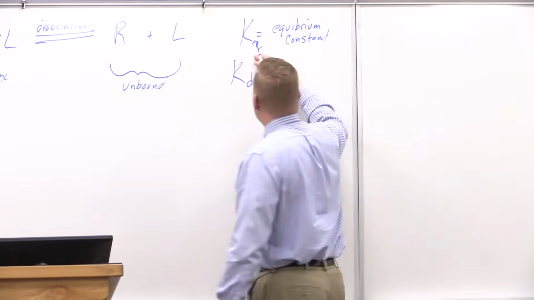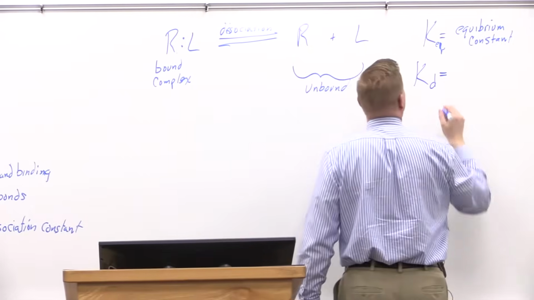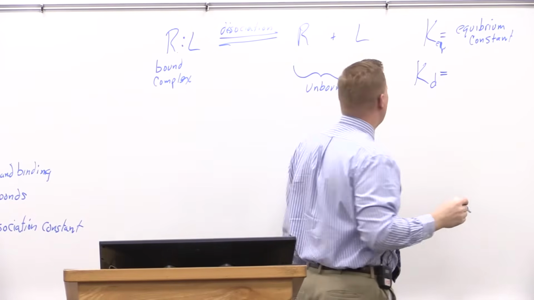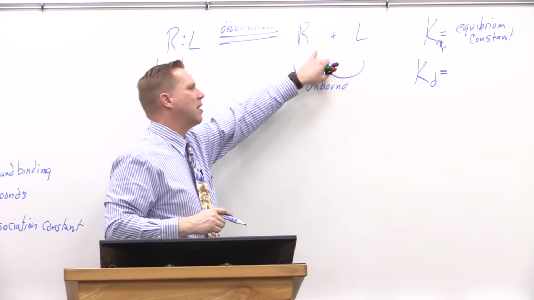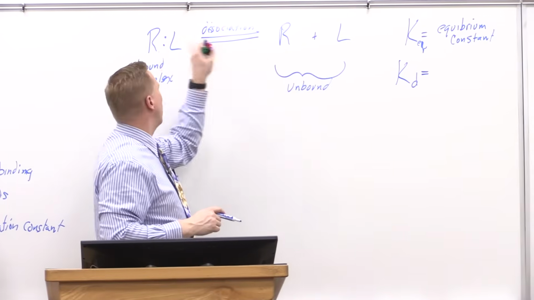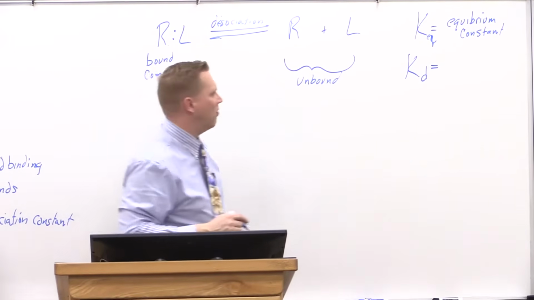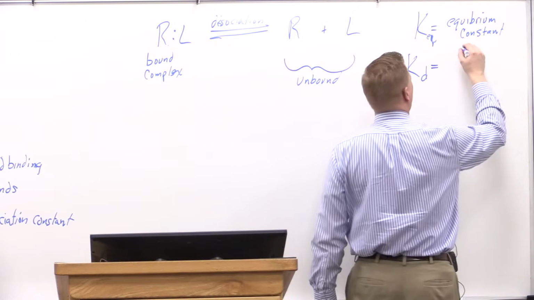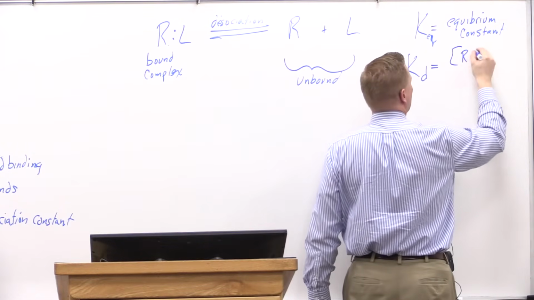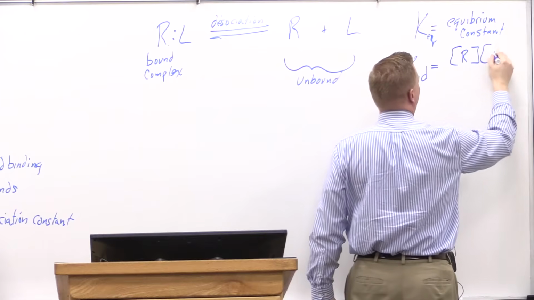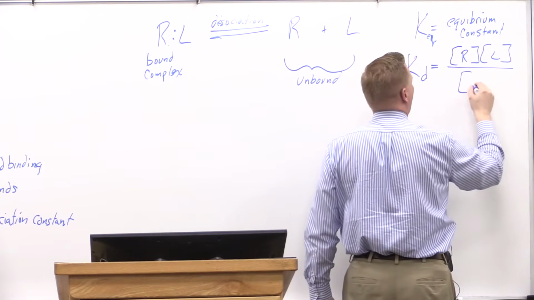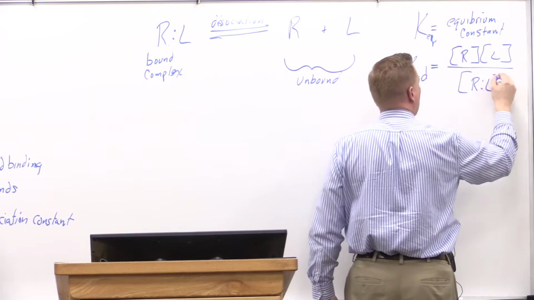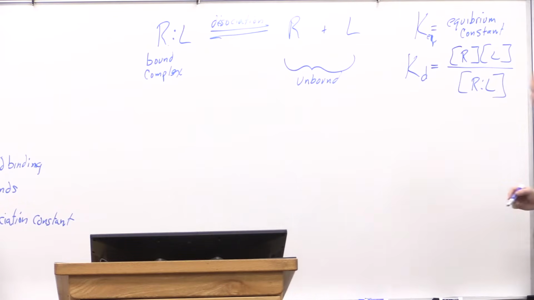Now, the KD of this reaction, as we learned earlier, is equal to the concentration of the products over the concentration of the reactants. And so we would write that up here as the concentration of receptor times the concentration of ligand, over the concentration of the bound complex together.